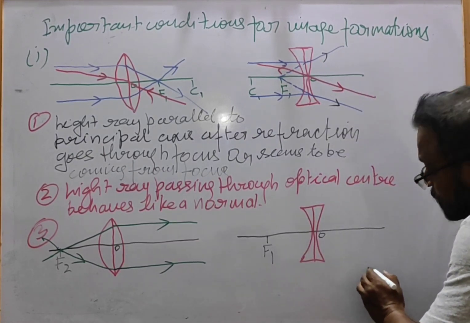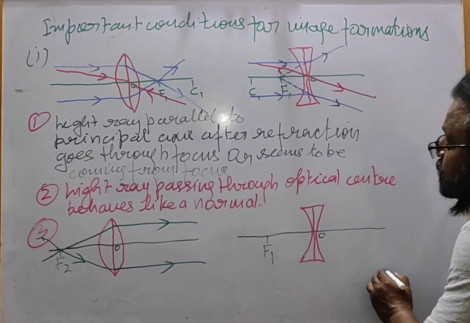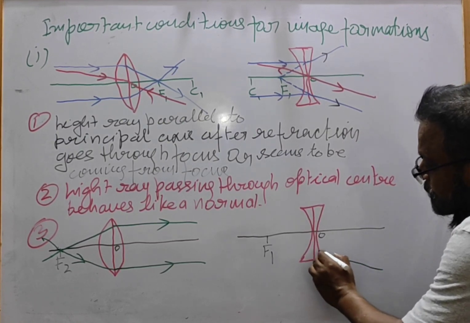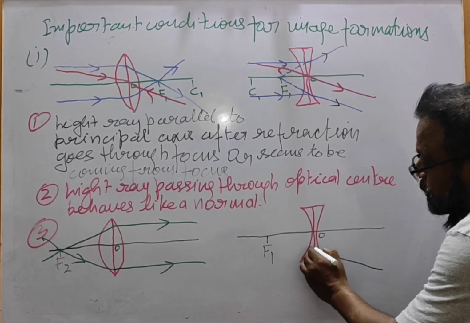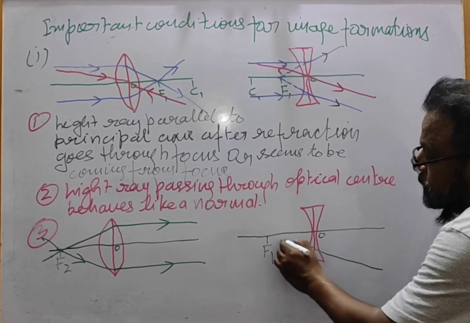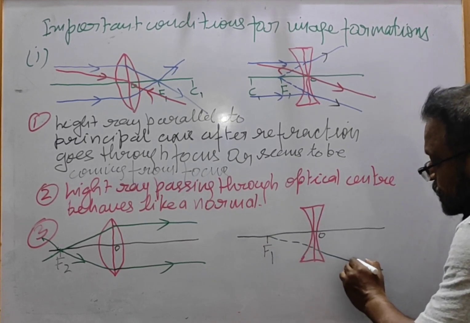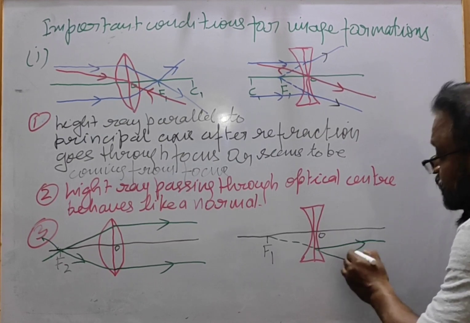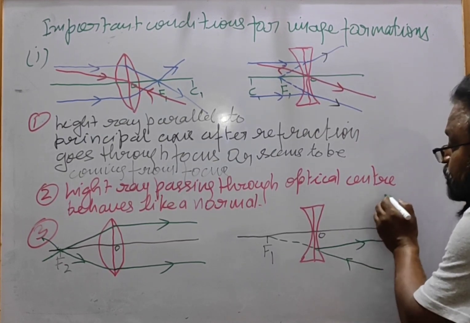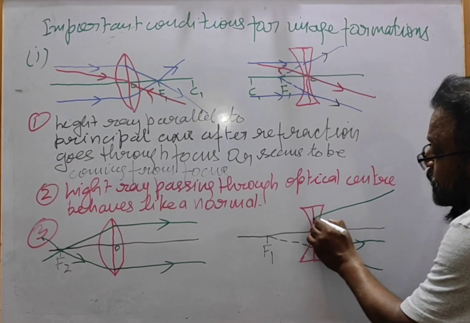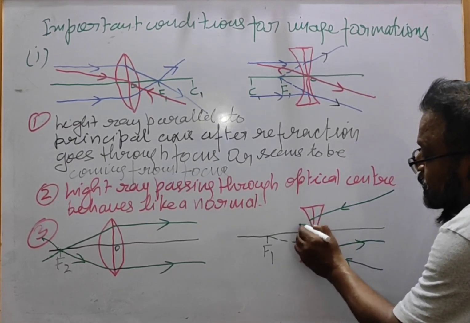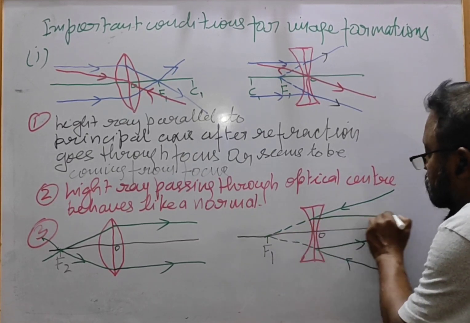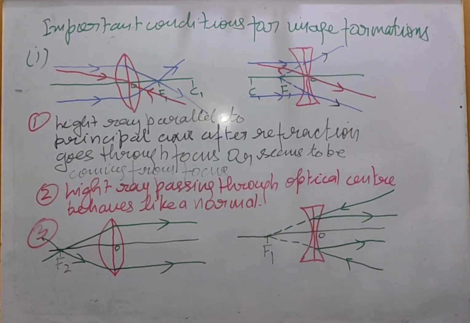And light ray coming to focus, like this, goes parallel to the principal axis after refraction. So light ray coming like this, seems to be going to focus, goes parallel to the principal axis, right?